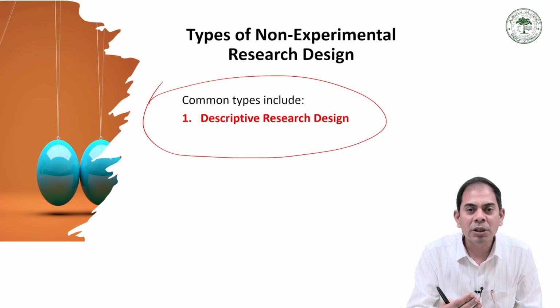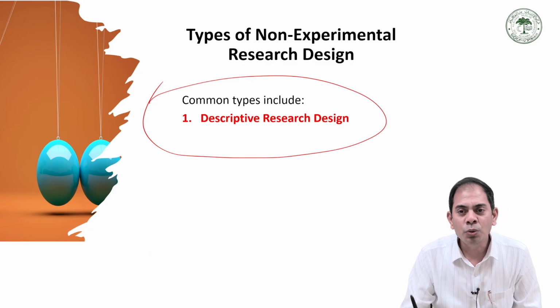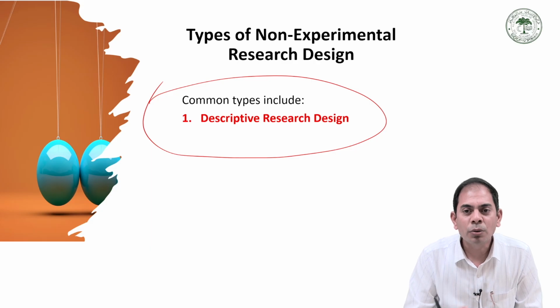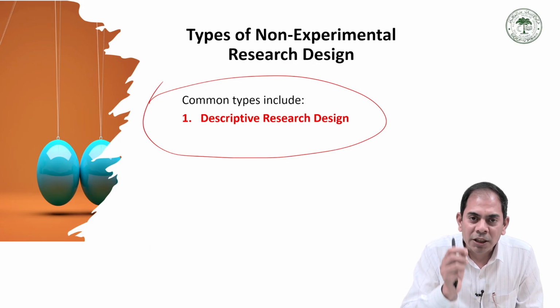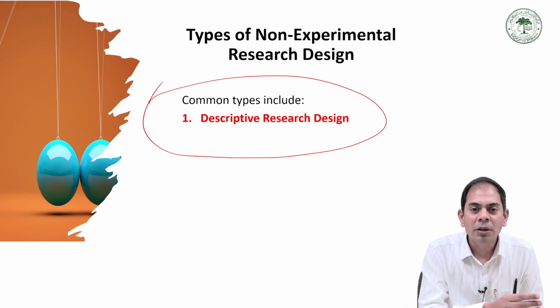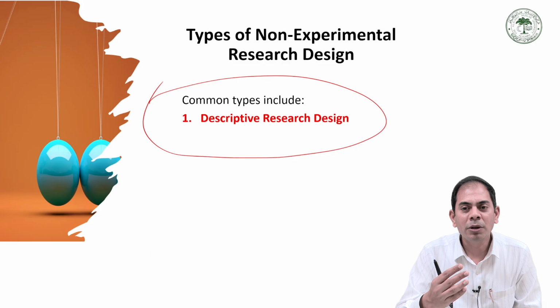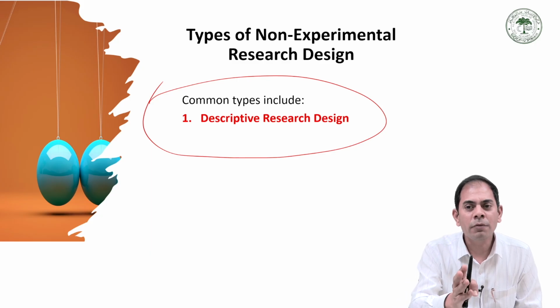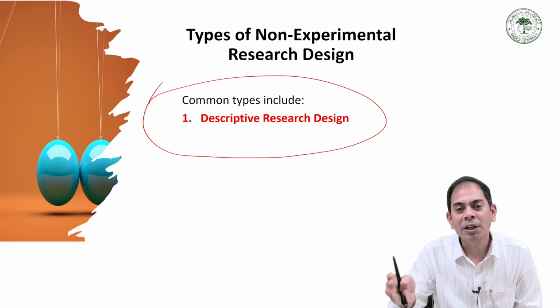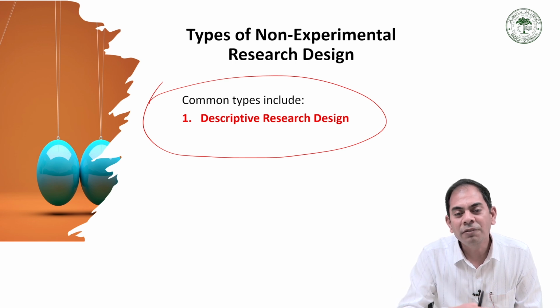Descriptive research design is a type of non-experimental research design generally used to describe the characteristics, behavior, condition or situation of a population in a naturally existing setting. The important thing in this type of research design is that researchers do not manipulate the variables but only observe, record and analyze the information one by one in a systematic, scientific and planned way.